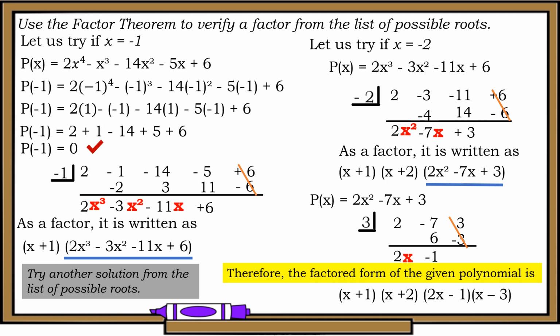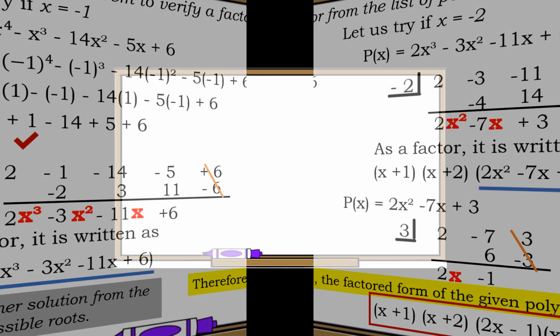Then, the factored form of 2x squared minus 7x plus 3 is 2x minus 1 and x minus 3. Why x minus 3? Because we used x is equal to 3. So, if x is equal to 3, then if you equate that to 0, you will get x minus 3. So, this is now the factored form of the given polynomial.